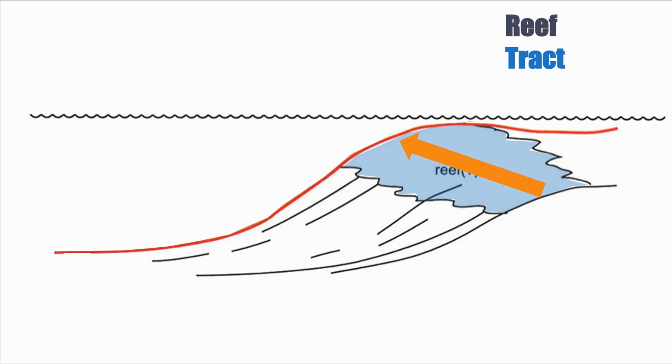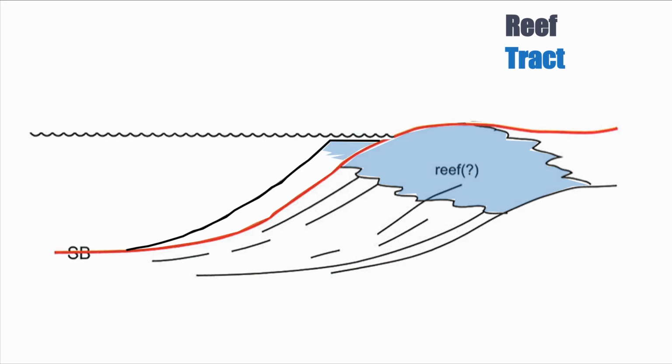Now, when base level falls, what happens is the reef migrates from its position at the top here to a position close to the current sea level. And because the carbonates often have a relatively steep geometry, the implication is that at lowstand you can only form a relatively narrow reef or a narrow carbonate system.